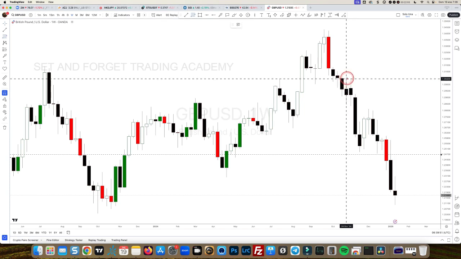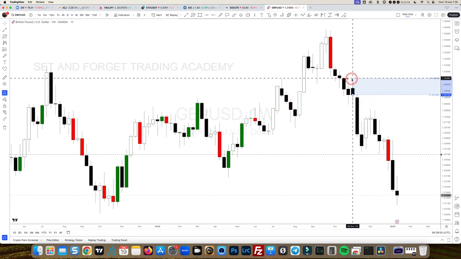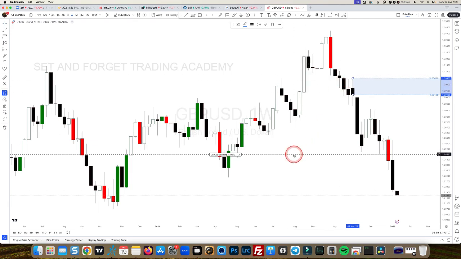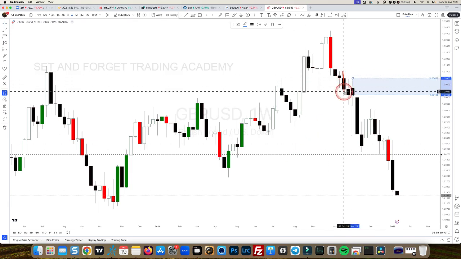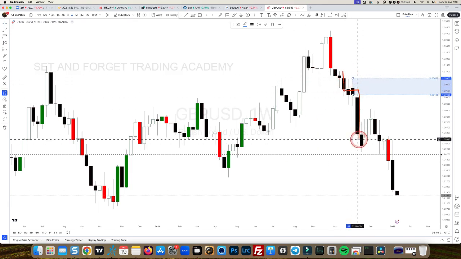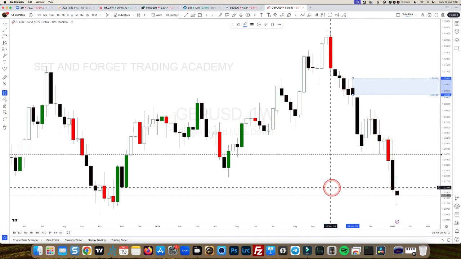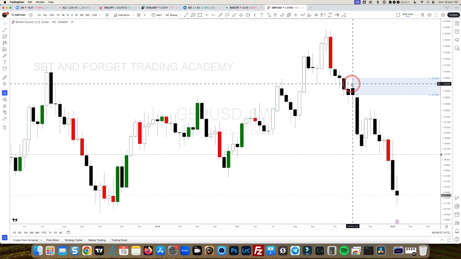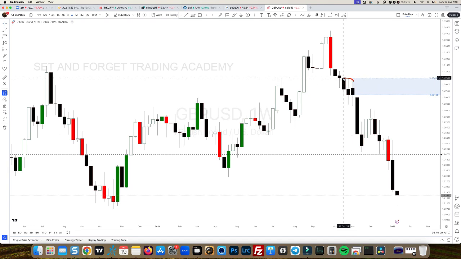That's the structure, and it's preceded by a large ERC. So leg in, base, leg out. Leg in, base, leg out. Those are bearish CPs.